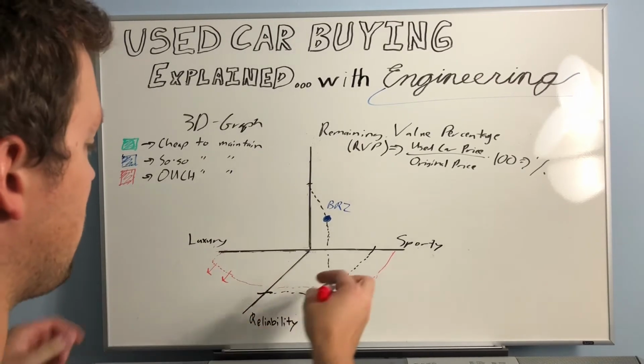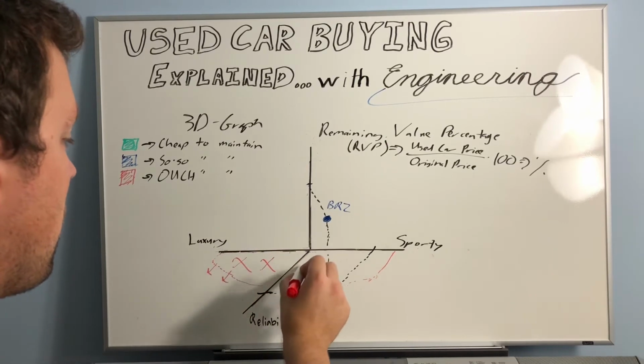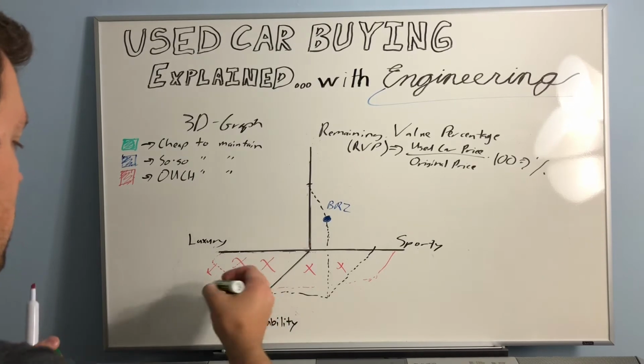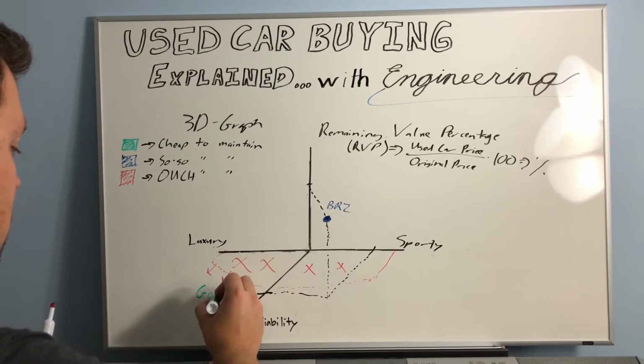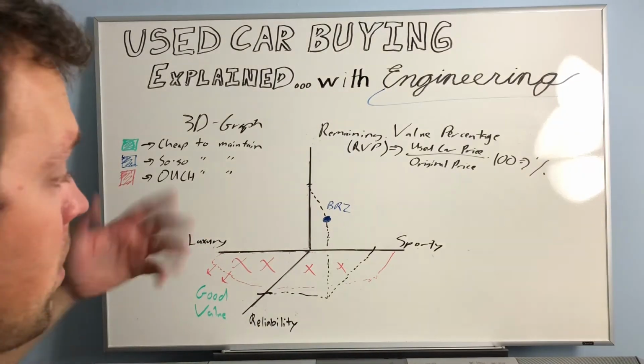Anything outside of this zone here, this is the no-go zone. This out here is good value. Yours might look a little different based on your priorities.